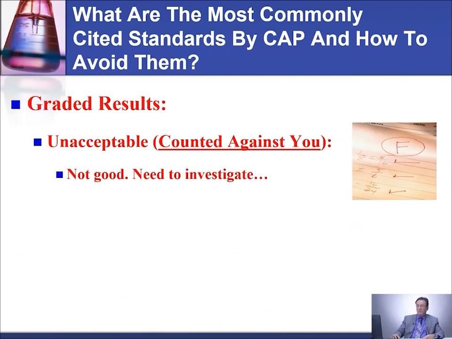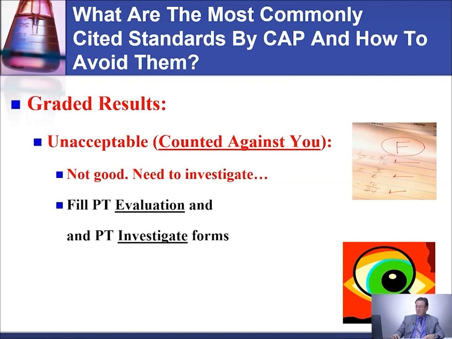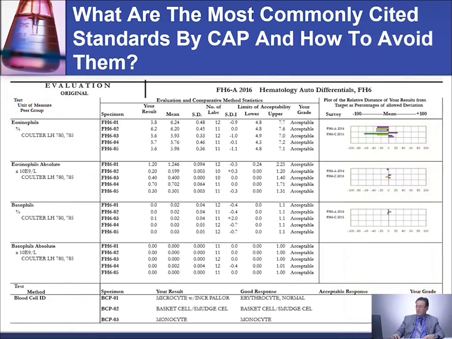So unacceptable results, like I said, will be counted against you. They're not good. You need to evaluate and you need to investigate. And you need to fill the PT evaluation report and the PT investigation form, sign and file, like I will show you.